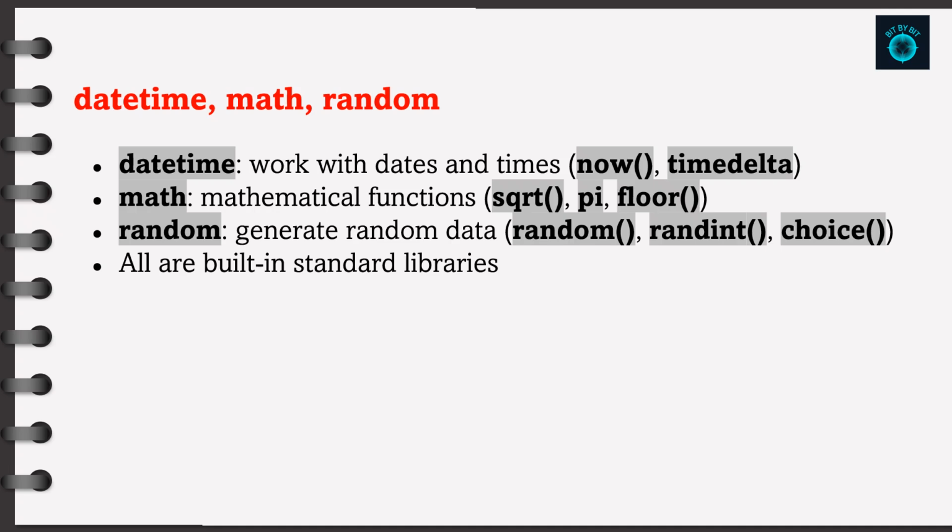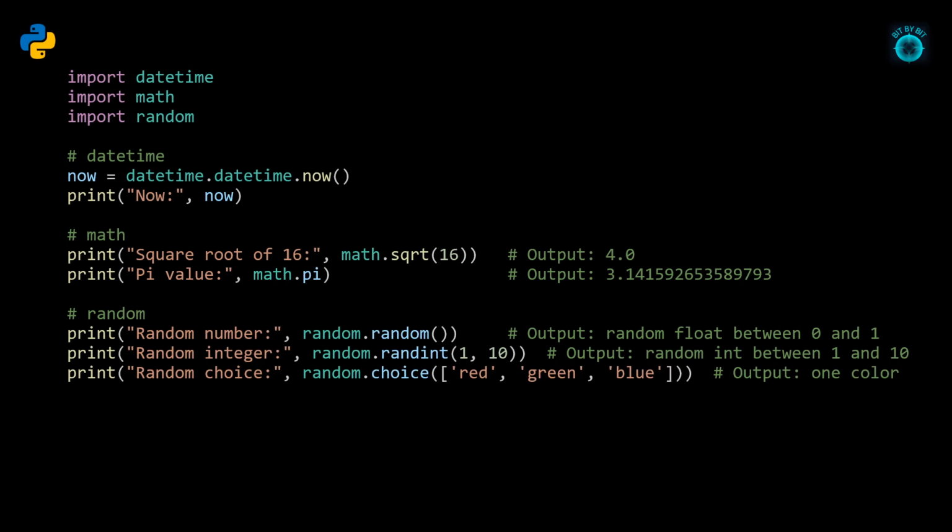Let's see a few quick examples of each. First, we import the modules datetime, math, and random. We get the current date and time using datetime.datetime.now and print it. From the math module, we print the square root of 16 using math.sqrt and the value of pi using math.pi.